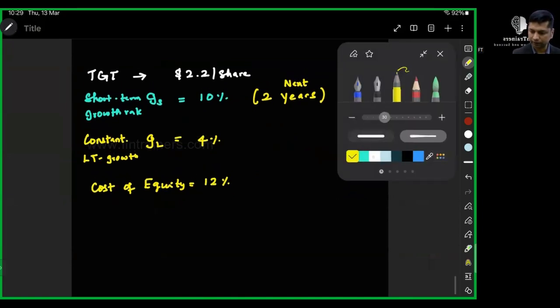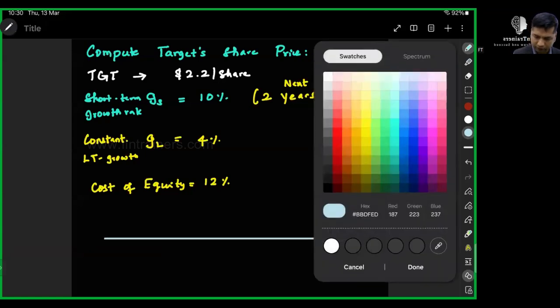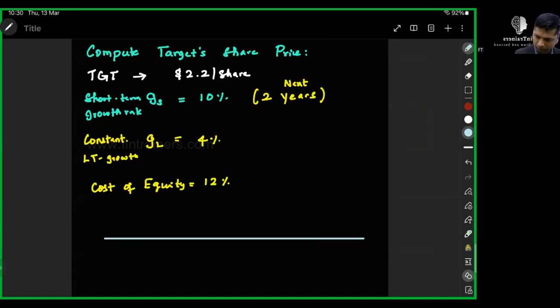Compute target share price. Just to help you with the visualization, we have two dividends initially. We have a dividend today, which is 2.2. Then this is going to grow: 2.2 into 1 plus the short-term growth rate, and in year 2, 2.2 into 1 plus GS whole squared.